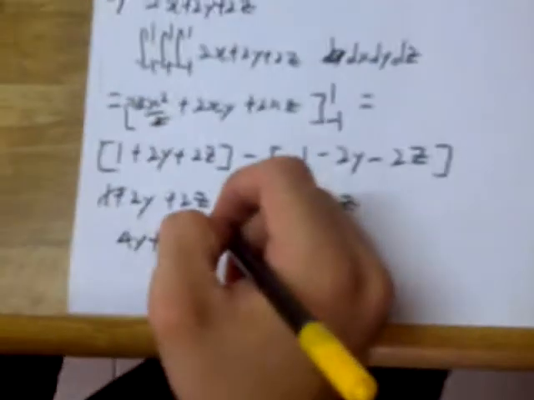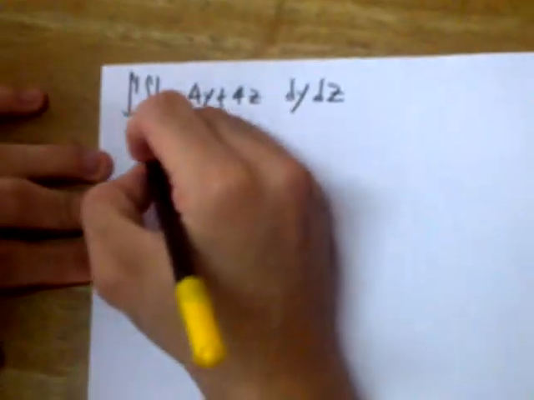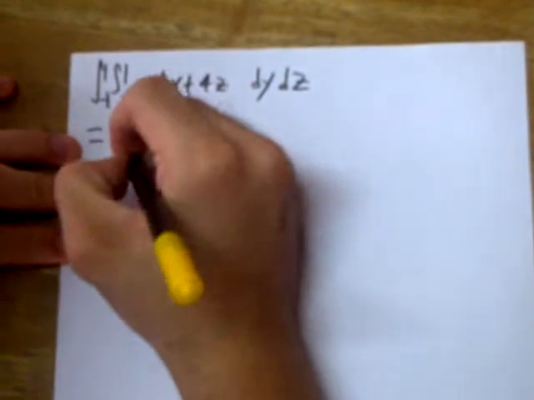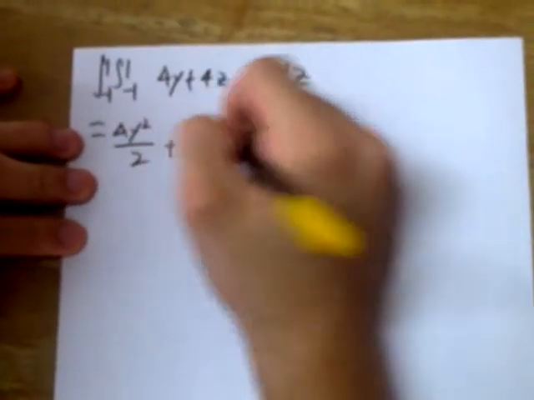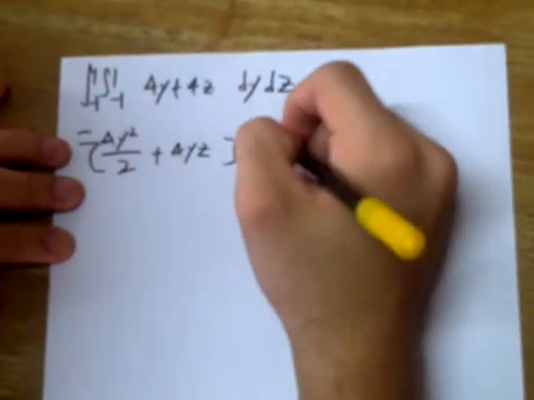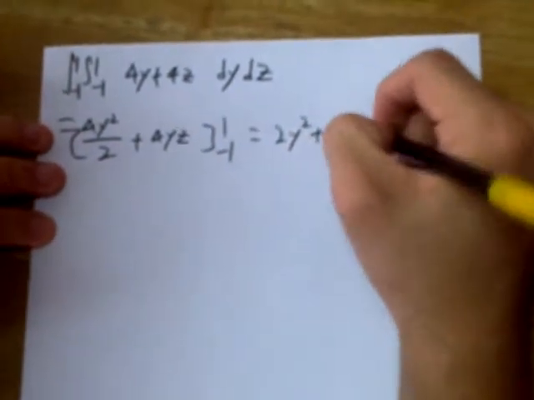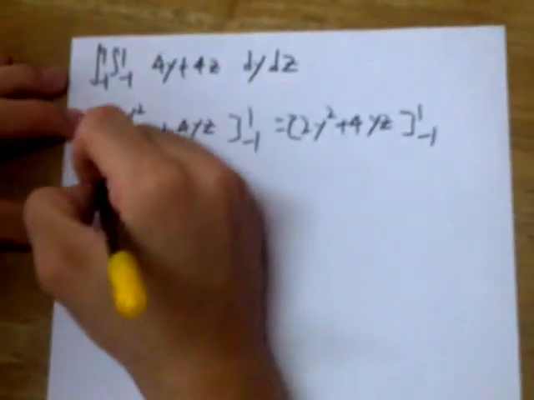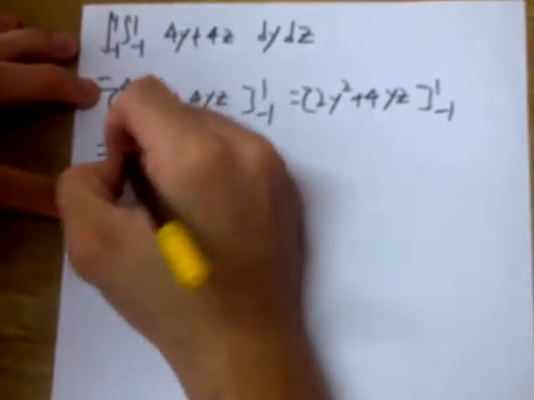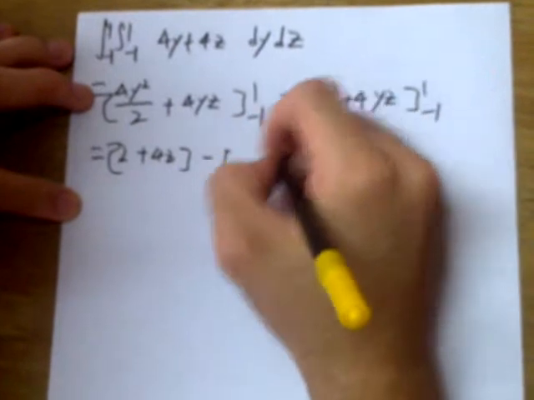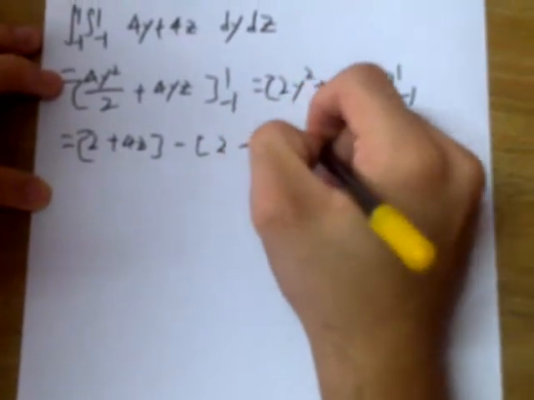So now we integrate the y variable. So equal to 4y squared over 2 plus 4yz between 1 and -1. It gives 2y squared plus 4yz between 1 and -1. So it gives 2 plus 4z minus 2 minus negative 4z.